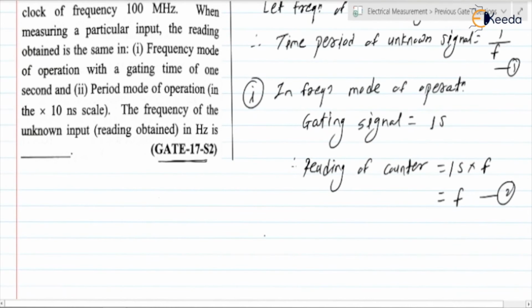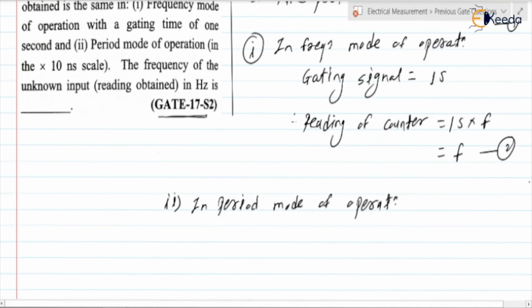Next, in the period mode of operation, the scale of measurement is equal to 10 nanosecond. It is given.